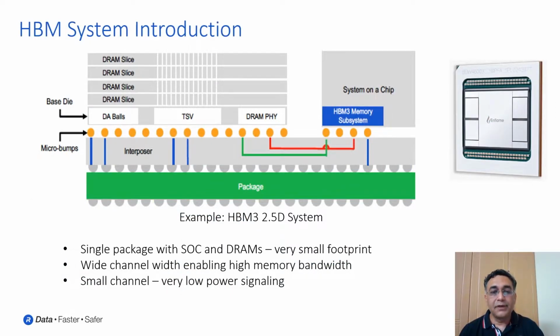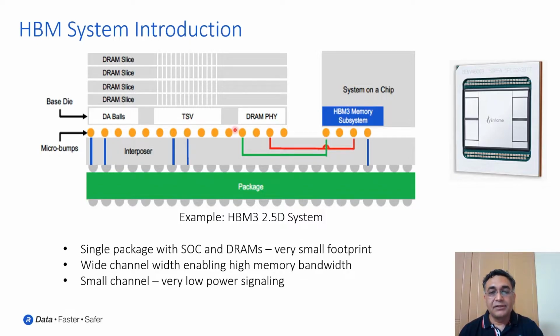HBM is a 2.5D system. It consists of SoC, DRAM, and interposer all mounted within one package. DRAM is basically DRAM cores, so there is a stack of DRAM cores. You can have up to 12 DRAM core stack. At the bottom we have a base die in the DRAM. The DRAM base die is attached to the interposer through micro bumps.